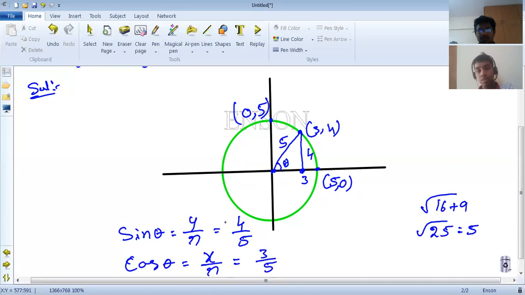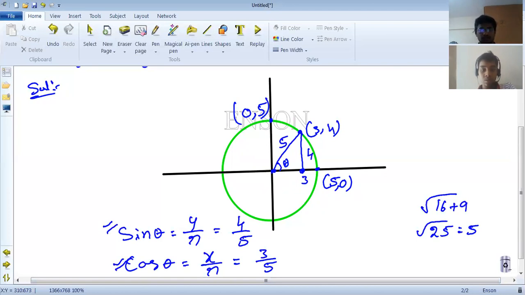Even using the formulas we learned in previous classes, you will get the same values. So actually this is the basic, and this way we get to know the values of those.